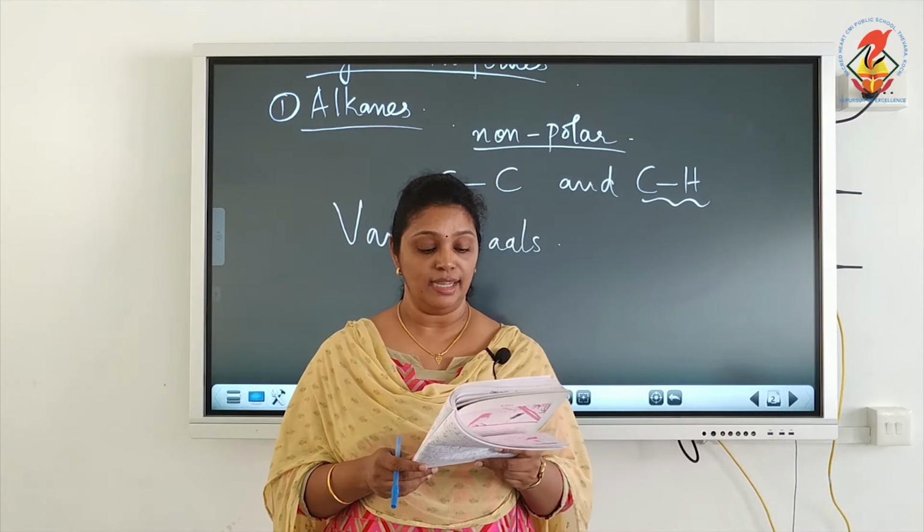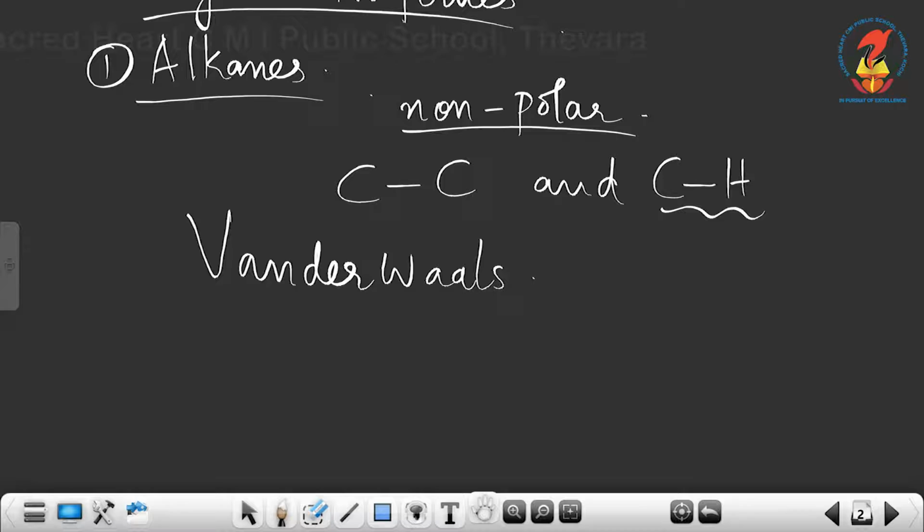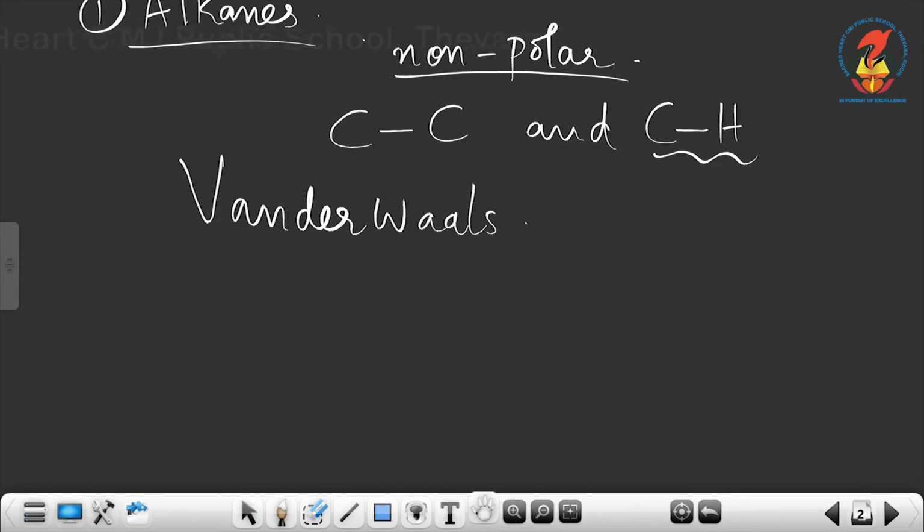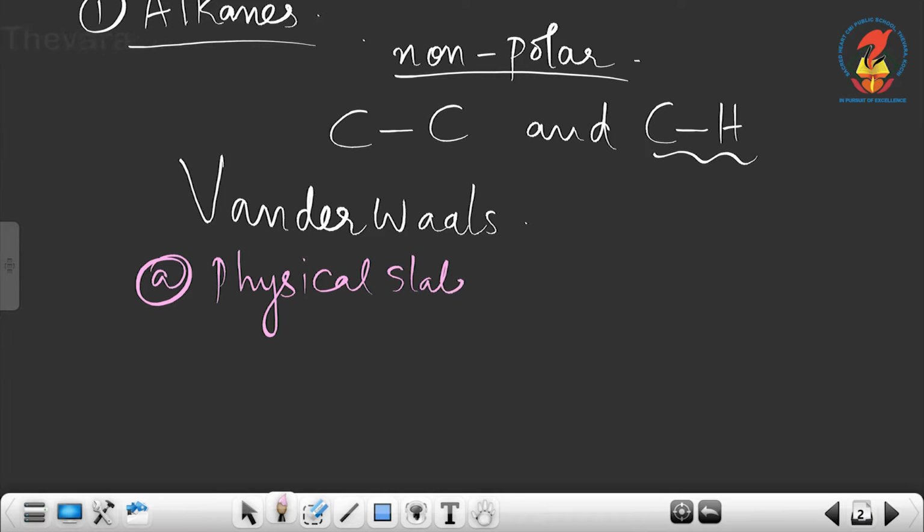The first physical property is the physical state, meaning whether it's a solid, liquid or gas. When we discuss the physical state of alkanes, among straight chain alkanes, the first four members, C1 to C4, are all gases.